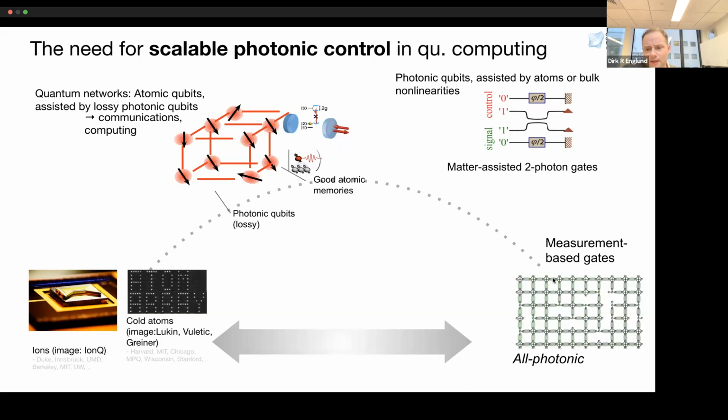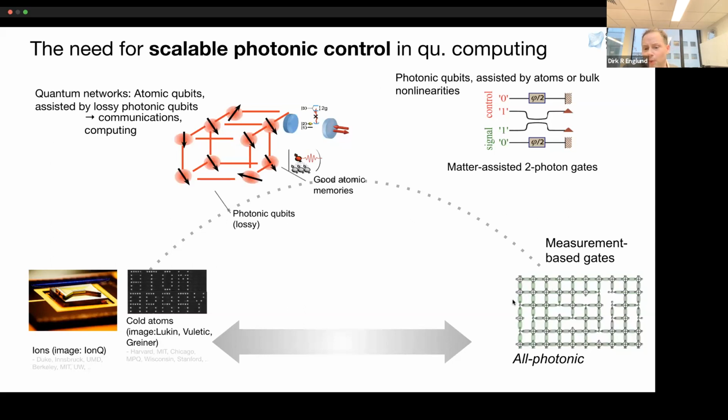And then finally, an approach pursued, for example, in industry by PsiQuantum and by Xanadu is to use measurement-based gates, where you use optical heralded gates, heralded by probabilistic but heralded measurements, to create a sort of mesh, a cluster of qubits encoded here in optical modes that can then serve as the resource for doing general purpose quantum computing.